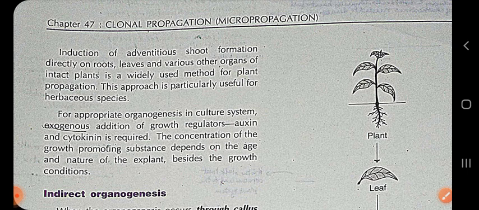Now, for appropriate organogenesis in the culture system, we have to add externally, that's why it is written exogenous, meaning externally from outside, growth regulators in certain concentrations, like auxin and cytokinin. The concentration of the growth promoting substance depends on the age and nature of the plant, besides the growth condition.